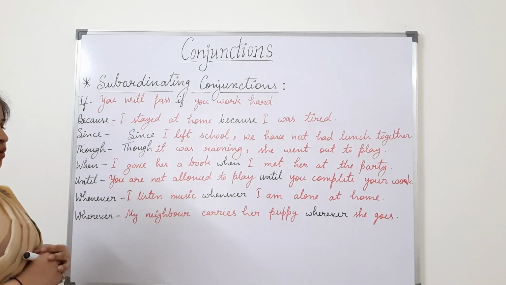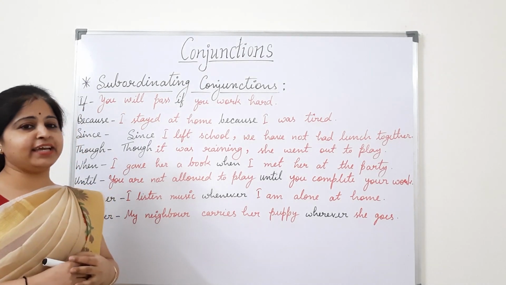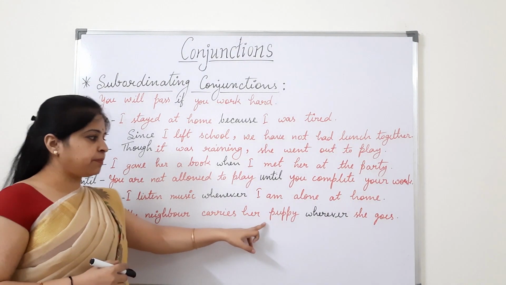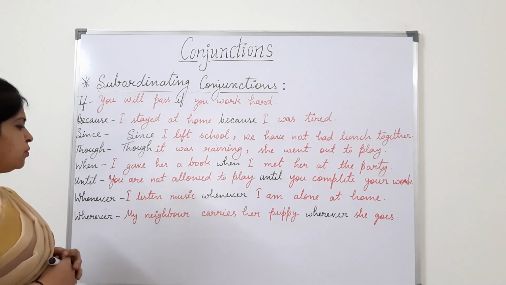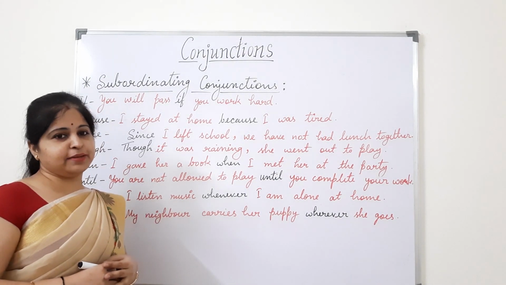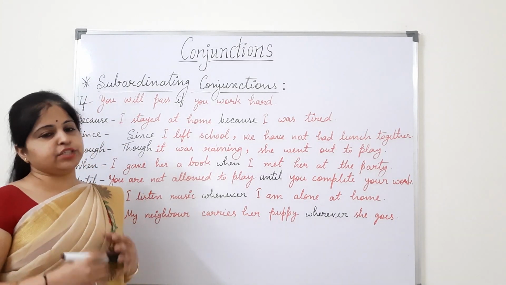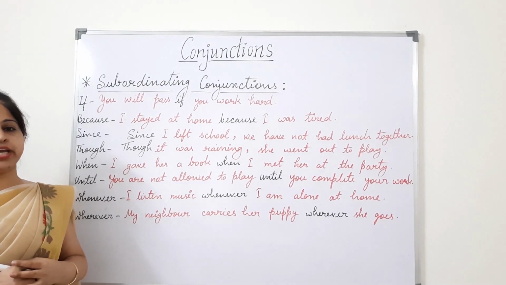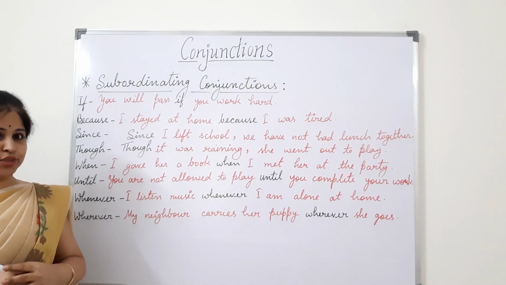"Whenever I'm alone at home, comma, I listen to music." Subordinating conjunction. Next, "My neighbor carries her puppy wherever she goes." "Wherever she goes, comma, my neighbor carries her puppy." Again, we have checked that the conjunction is a subordinating conjunction. So, using this small trick, you can check whether a subordinating conjunction or a coordinating conjunction is there.